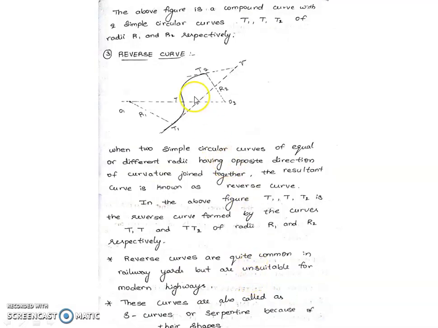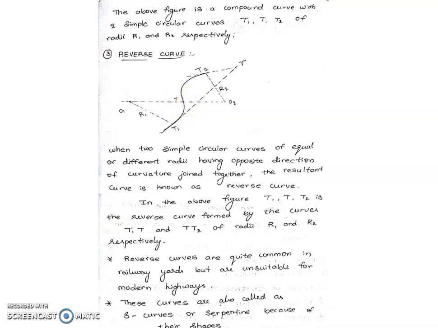Next is reverse curve. You can see the reverse curve here. When two simple circular curves of the same or different radii, having opposite directions of curvature, are joined together, the result is a reverse curve.